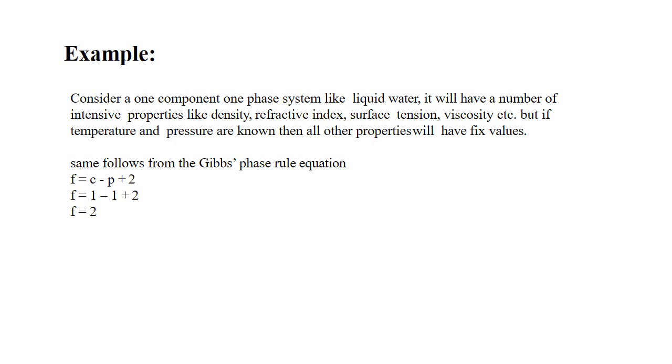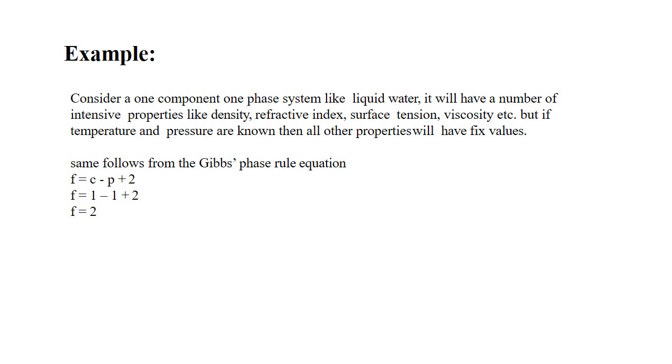It shows the variables, which are temperature, pressure and concentration. If the value of F calculated from the Gibbs phase rule equation is 1, then its variance is 1, so the system depends on one variable, that may be either temperature or pressure. If the value of F is 2, it means the system depends on two variables, which are temperature as well as pressure.